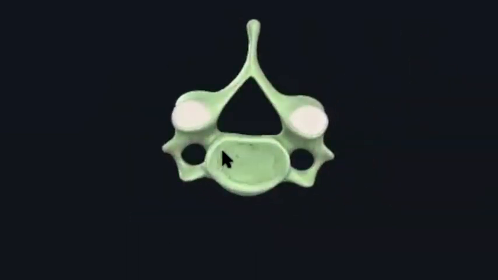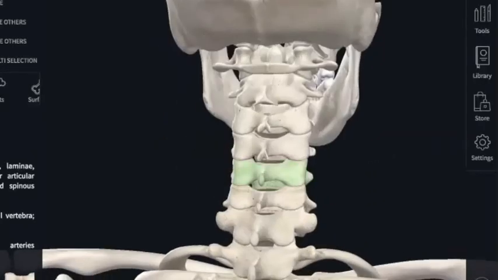So all your vertebrae, whether you're looking at a cervical, a thoracic, or a lumbar vertebra, are going to share some common features. For your cervical vertebrae, you have these holes going down the side in all your cervical vertebrae.